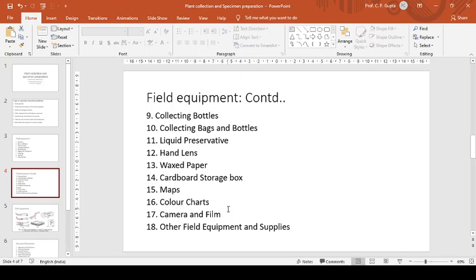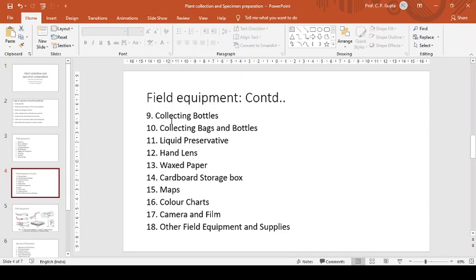Camera and film. These are used for taking photographs of important plants in the field. Very important part. And nowadays we have mobile, so nothing to worry about it. And other field equipment and supplies: altimeter, compass, pocket knife, soft lead pencils, insect repellent, portable plant dryer, and seed envelopes are some other useful equipment for plant collection.